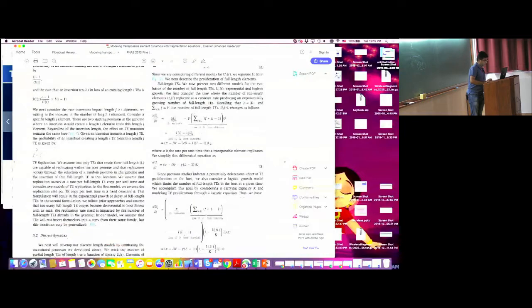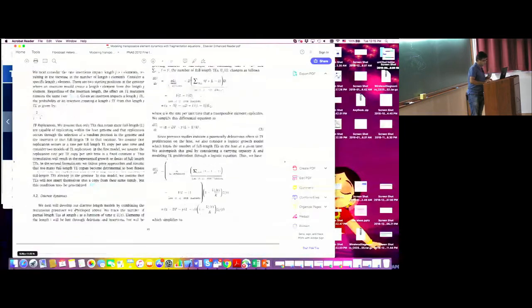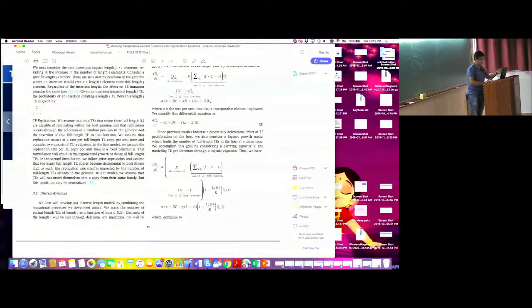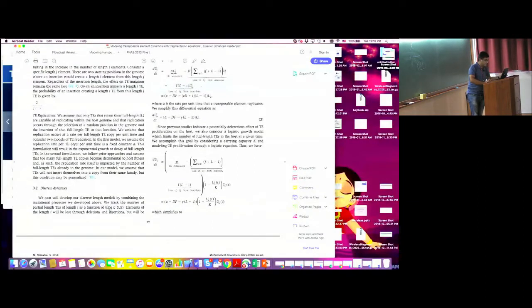And finally, they talked about replications in this. So they did this in both discrete as well as continuous setups. In the discrete setup, they're basically tracking the number of partial length transposable elements of length I as a function of time. And finally, they look at some steady state behavior. Again, an underlying assumption being that evolution has happened to a large extent.